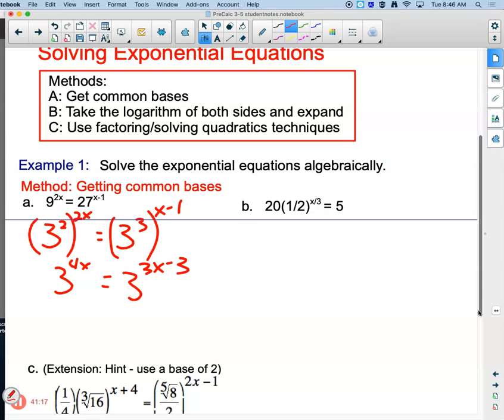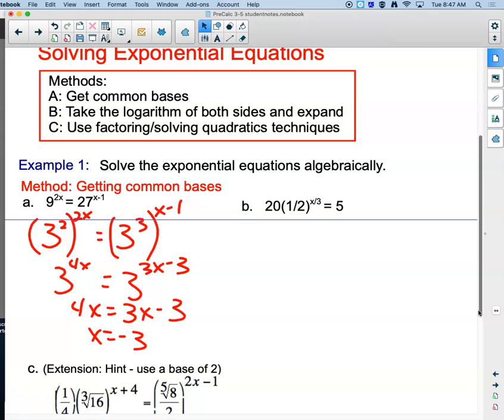And now here's that kind of duh moment that they talked about in the beginning of this. If you already have bases of 3, well, we don't need those anymore. We need 4x to equal 3x minus 3. That's what we need. And if you subtract 3x from both sides, you've got it. So x has to equal negative 3. That's the only way this is going to work.